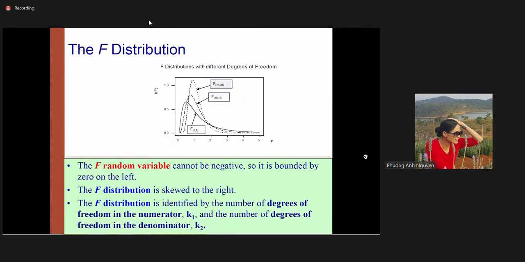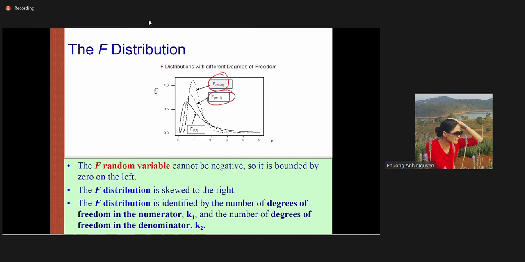Let's take a look at an example of F distributions. Here k1, k2 are 25, 30, and the next one k1, k2 are 10, 15. You see that the curves move along.